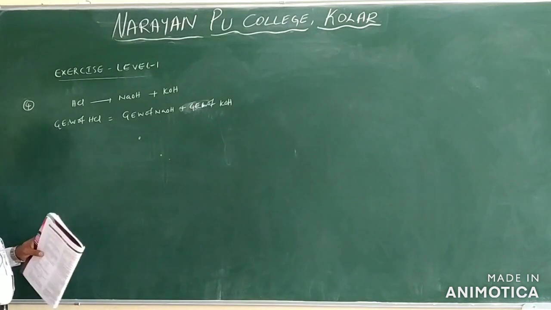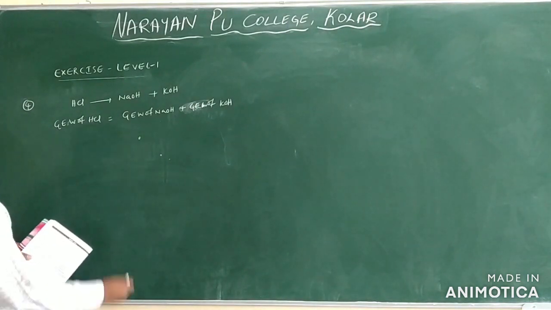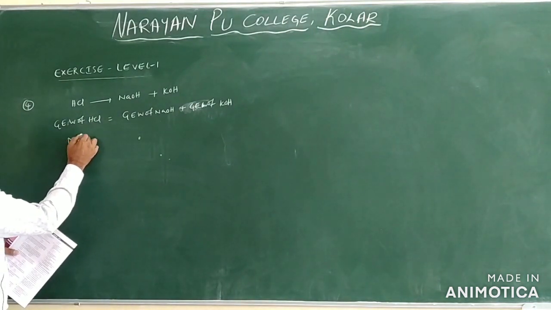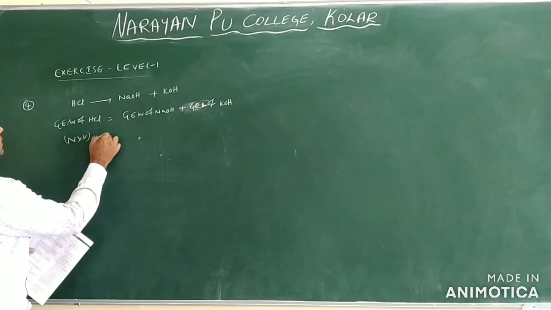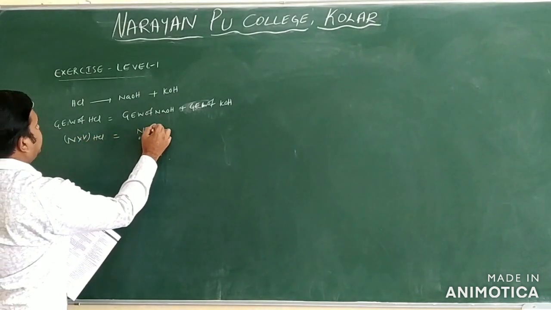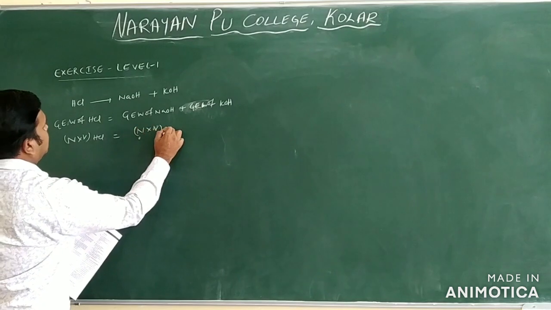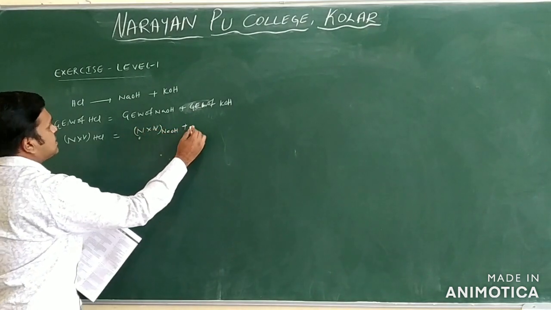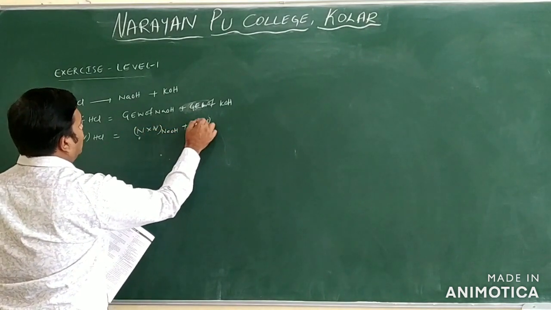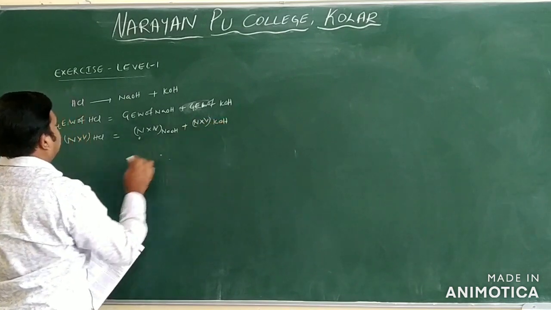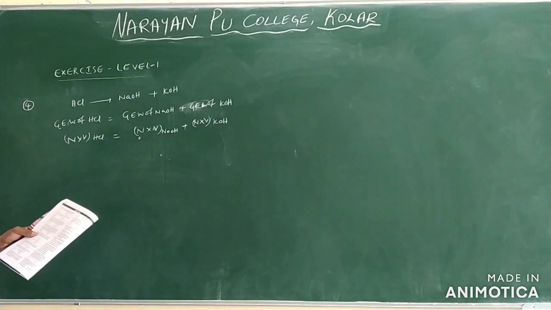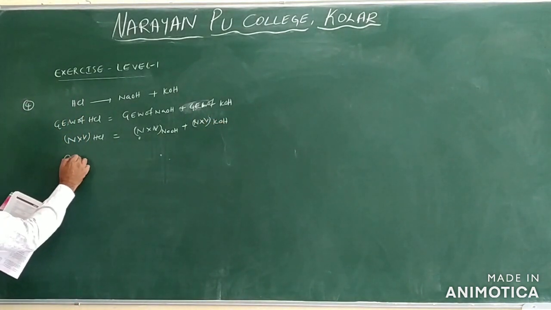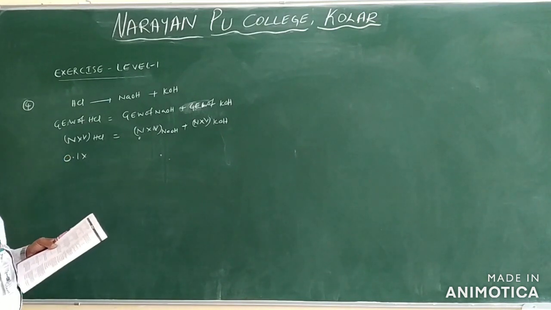Gram equivalent weight means N into V. Normality and volume of HCl is equal to normality into volume of NaOH plus normality into volume of KOH only.